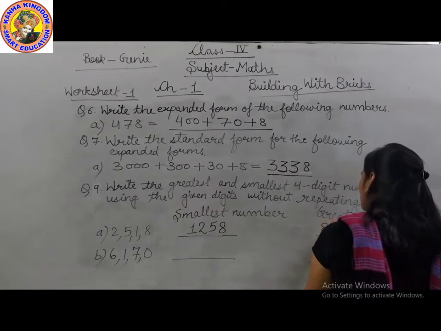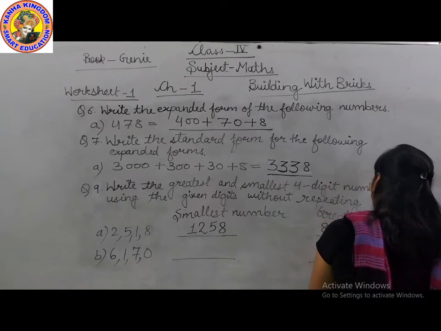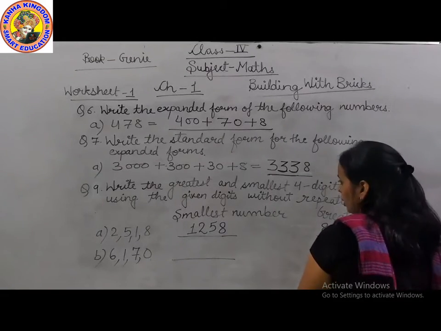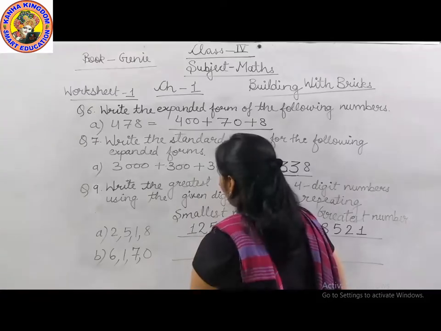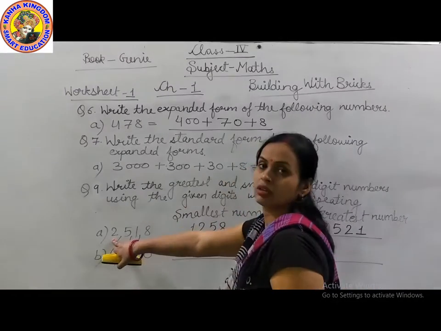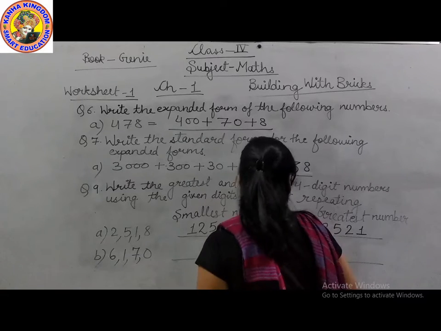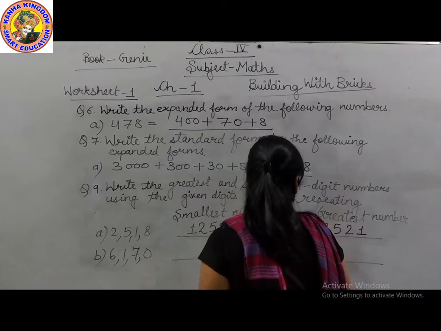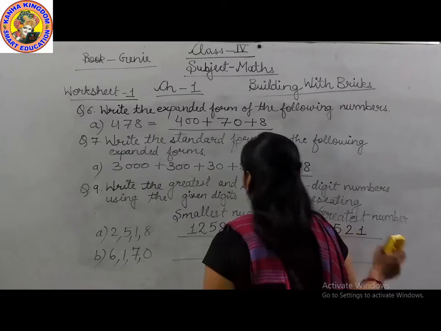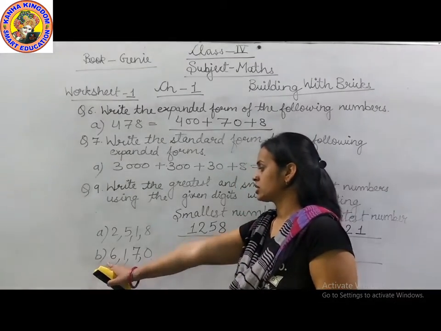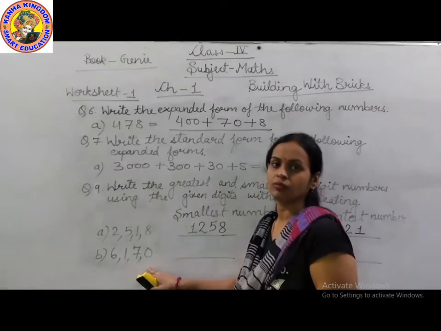So 8, 5, 2, 1. 8521. So 1258 is the smallest number and the greatest number is 8521.